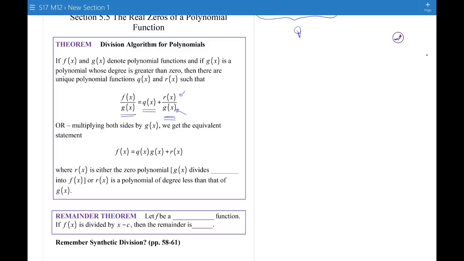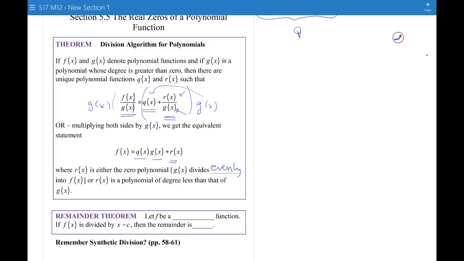So if you multiply both sides of this by g of x, do you see that then you get that f of x equals, distributing, q of x times g of x plus r of x. So r of x is either the 0 polynomial, which means g divides evenly. Remember, if you get no remainder, it means you divide evenly.